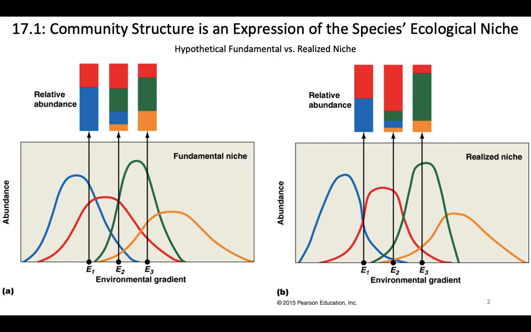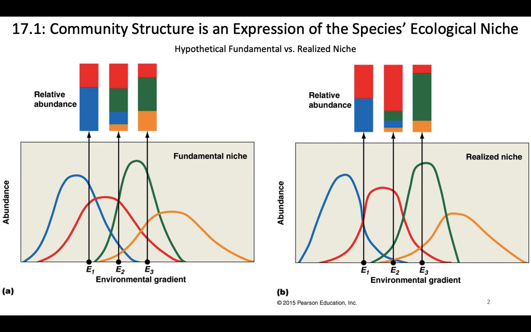Now, the actual community structure at any point along the gradient is going to be a function of the species' realized niches, which are going to be slightly different than the fundamental niche due to possible competition between species, which we're about to talk about. So the species' potential responses are modified by their interactions with the other species present.